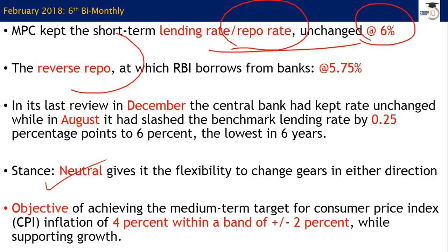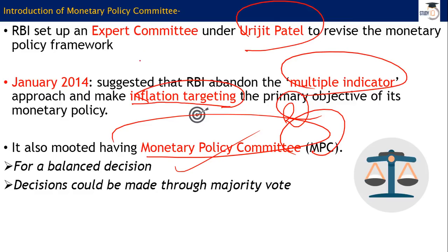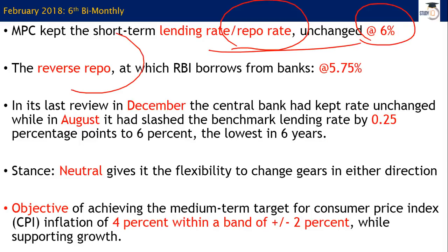The objective, as we talked about, is inflation targeting. This is the main job that RBI, or this MPC, has to keep in mind. And the target that is given by the government to RBI or MPC is 4%. You have a bracket of plus or minus 2%.